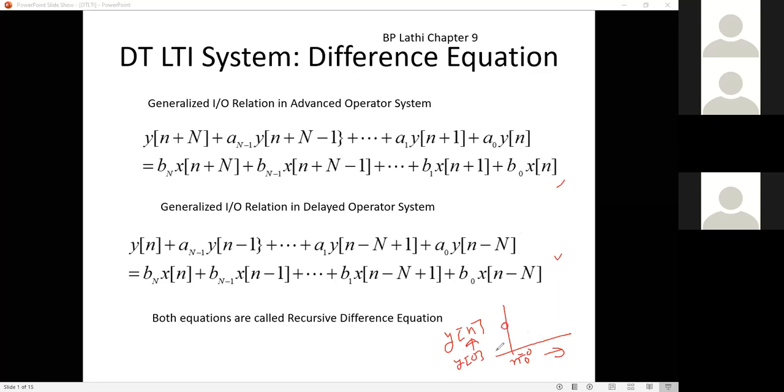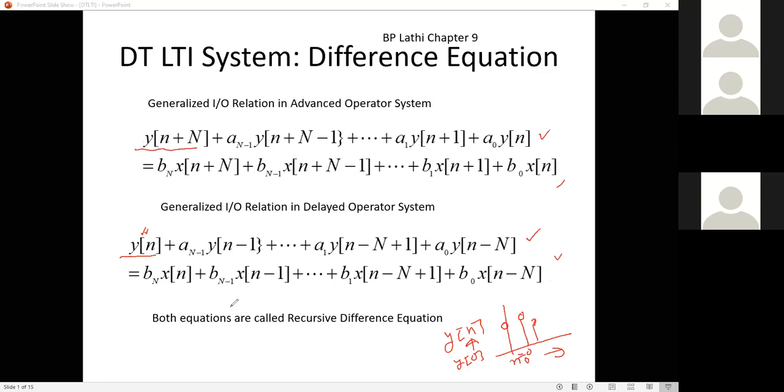So you plot your y[0], and in the same way we calculate your y[1], y[3], etc. Now if we examine both of these equations, our objective is to find y[n] for different values of n.